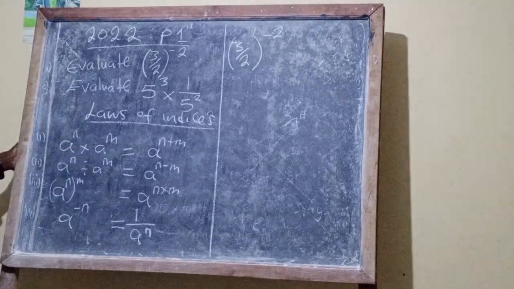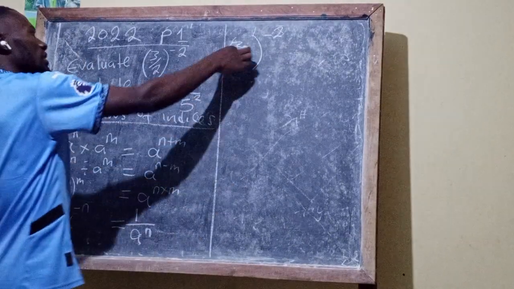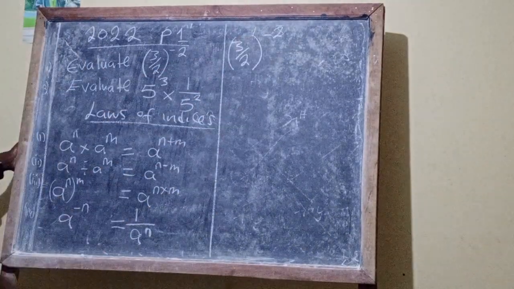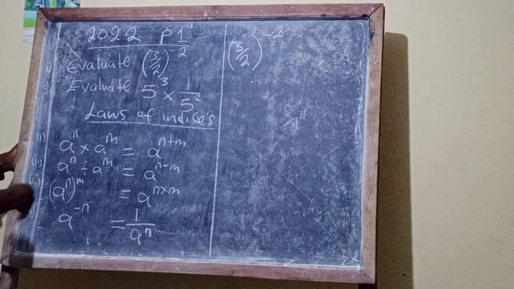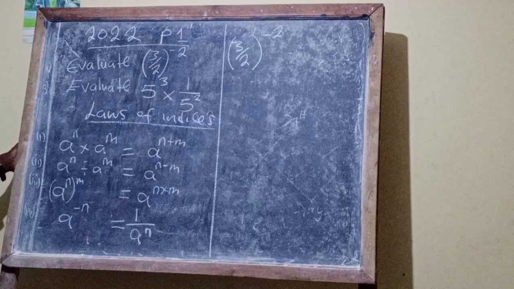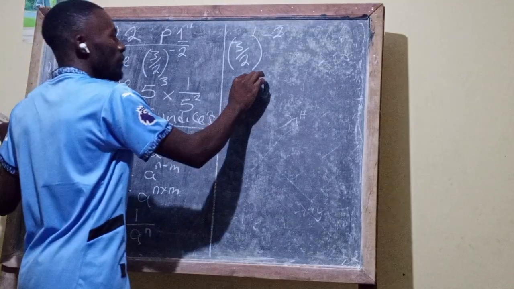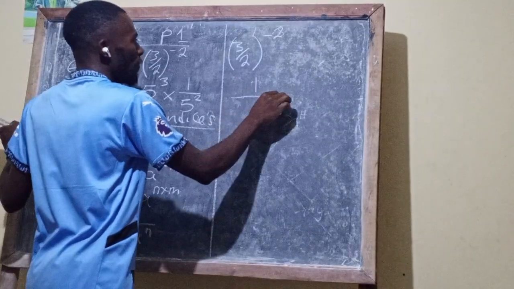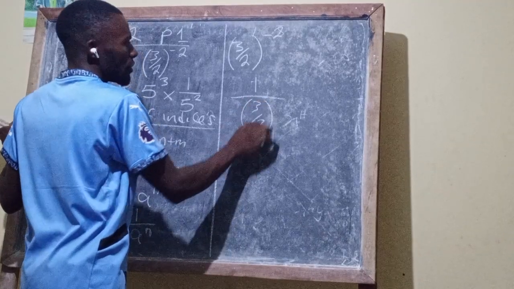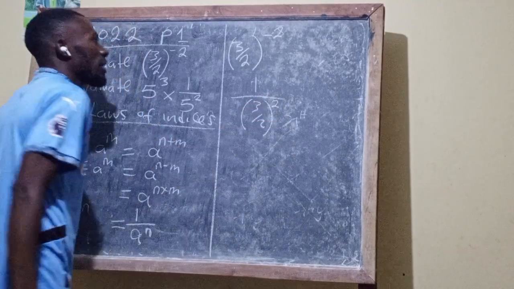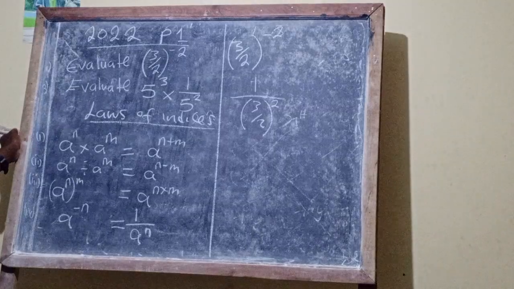If you follow the laws of indices, you find that this is a negative index, having the power of a negative. So we can change this into a positive index, of which we are going to have 1 over 3 over 2 squared. This square now will become a positive number.